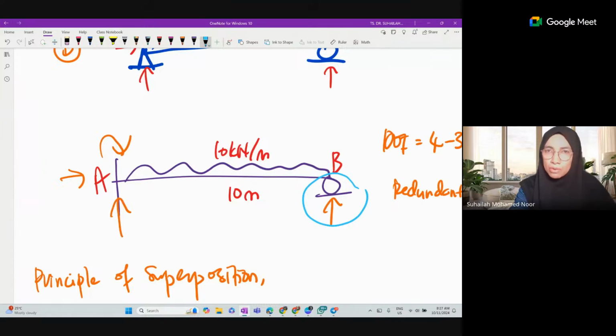If we want to analyze it as a simply supported beam, we have to remove the moment. So the one that we remove is the redundant.